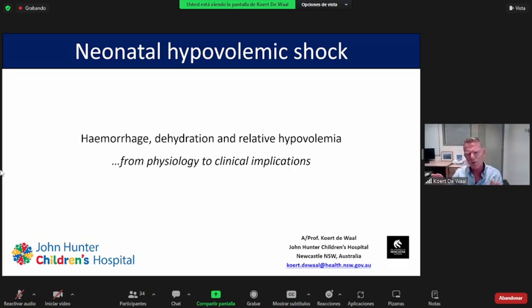But actually the three components and three different types of hypovolemic shock, which is hemorrhage, dehydration, and relative hypovolemia. And as I normally do, I start with the physiology and see if we can get to the clinical implications of that physiology and understanding.